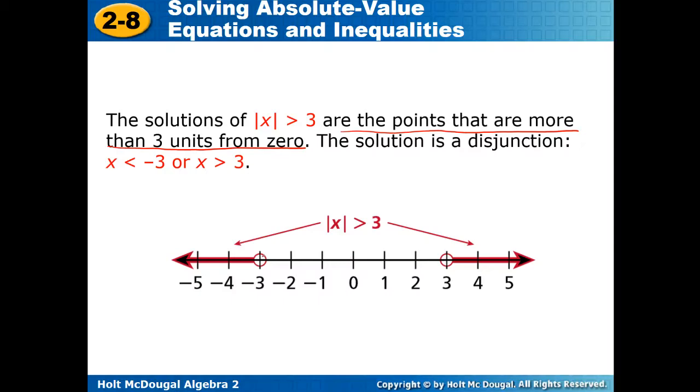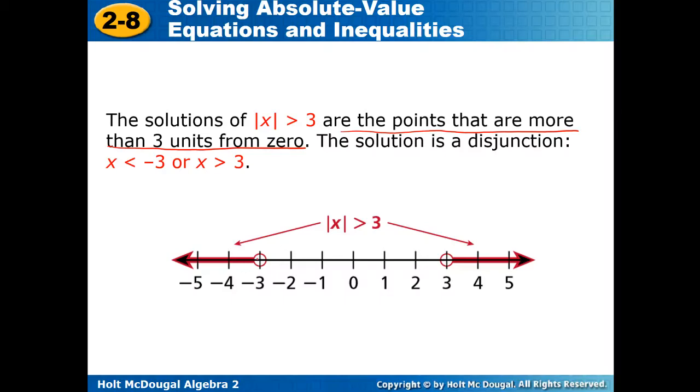Here's 3 units away from 0. Remember, absolute value does not mean more negative or something. It just means how far away the distance is, and in this case it says it has to be more than 3 units from 0. So it's pretty easy to see that on the right side. Here's 3 and all the points further away get bigger.